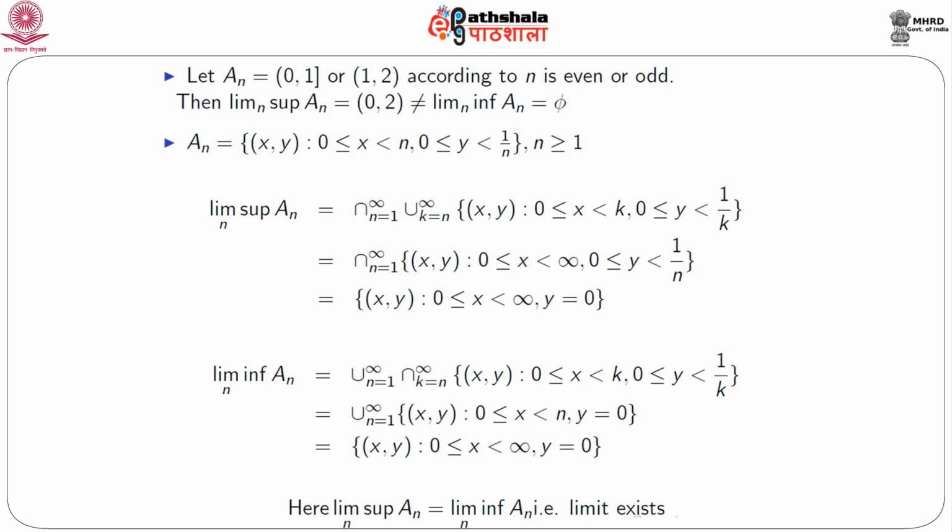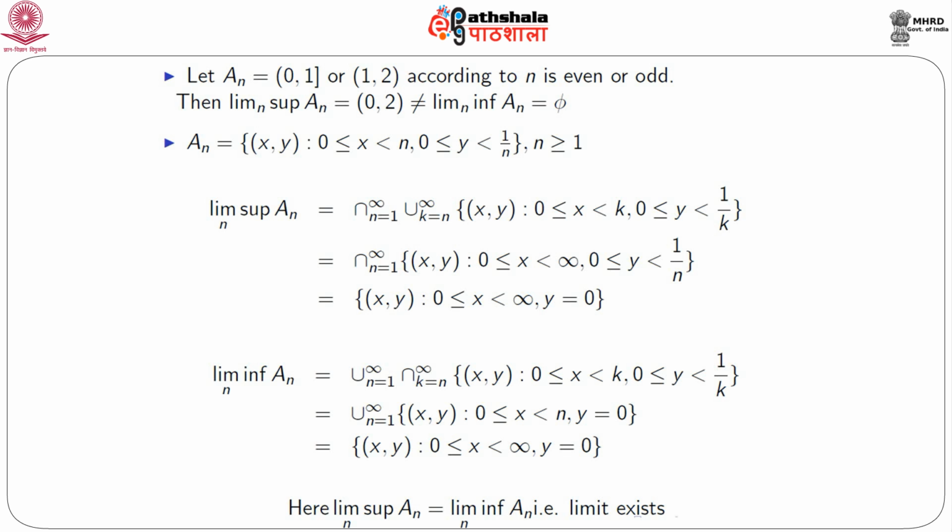Take the first example. Suppose A n is defined as 0 1 or 1 2 according to n being even or odd. That means if n is 1, that is an odd number, then it is 0 1. If n is 2, that is an even number, then it is 1 2. Now, going back to the definition of lim sup, the first thing you have to take is the union k from n to infinity A k.